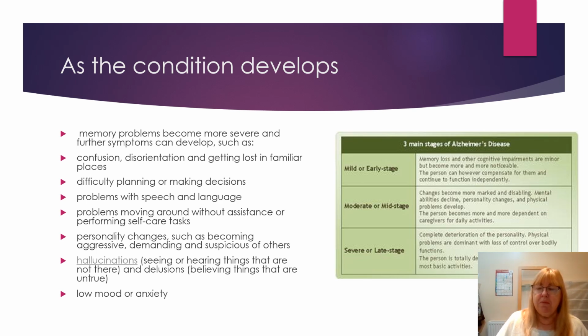More difficulty with planning, so the decision-making process becomes quite difficult because it's those processing parts of the brain that are affected. More problems with speech and language, more struggling with words, finding the right word, recognizing the right word. Some physical problems start to come around, more problems with moving around without a little bit of help, or maybe using a walker or something like that.